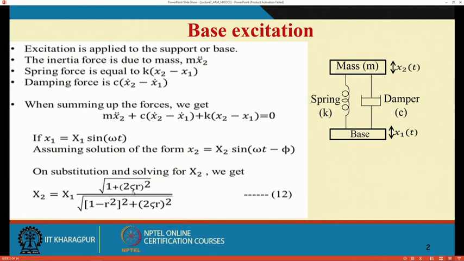In the case of the numerical example, zeta is known to us, r is known to us, and x1 is known to us, so we will find out x2.